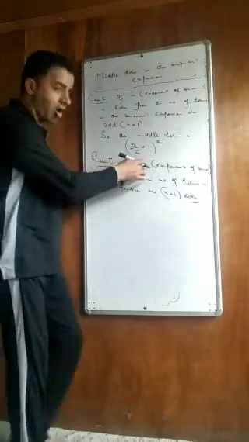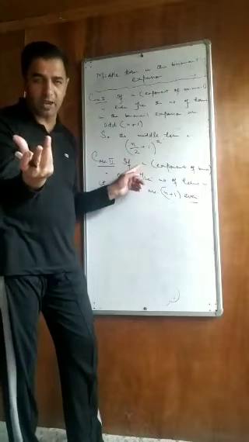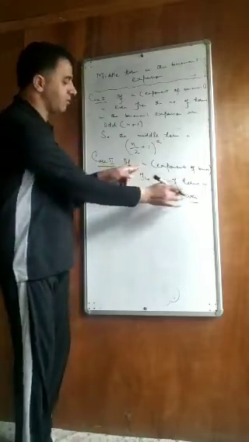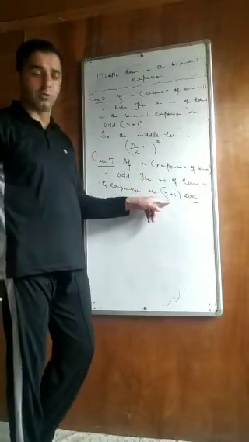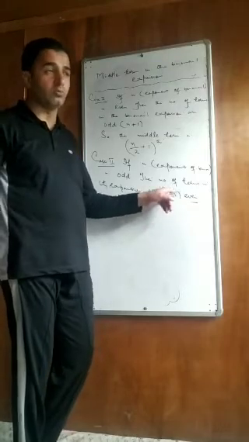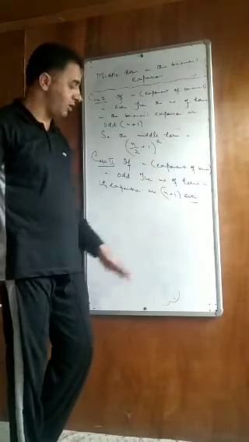Because n is here odd, so the terms will be n plus 1. Odd plus 1 is always even. So it is again n plus 1 terms होंगे, but ये जो n plus 1 terms होंगे वो even होंगे.